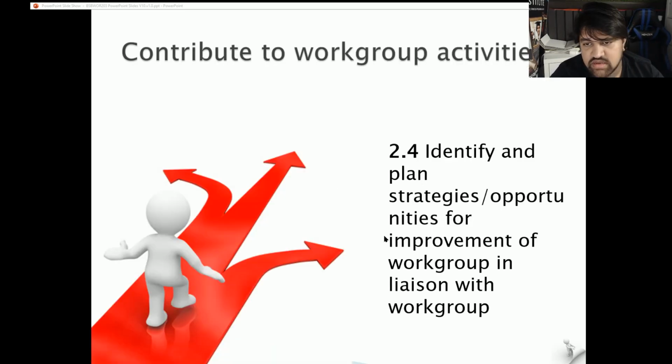2.4. Identify and plan strategies, opportunities for improvement of work group in liaison with the work group.